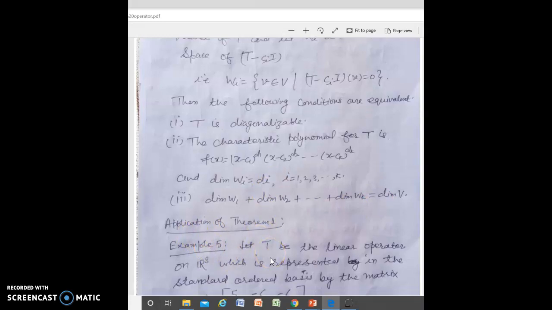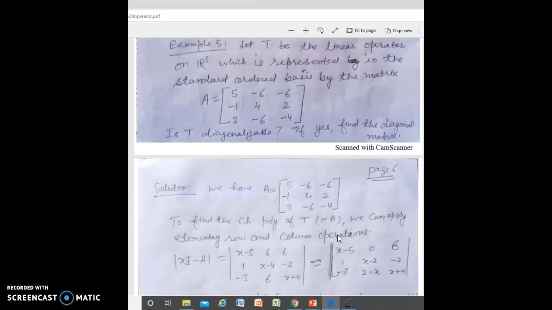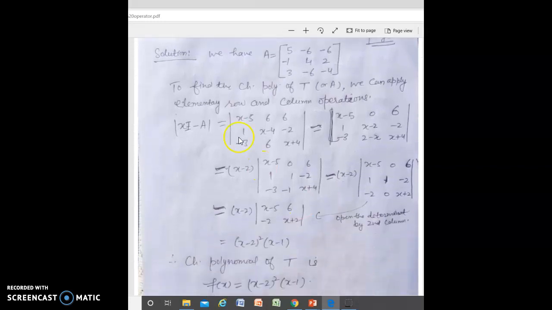Let T be the linear operator on R3, which is represented in the matrix form by this corresponding to the standard basis. Now we have to examine whether this T is diagonalizable. If yes, find the diagonal matrix. We have the solution. You are given that T can be represented by this matrix in the standard basis.